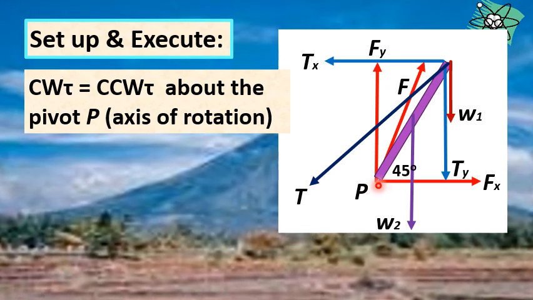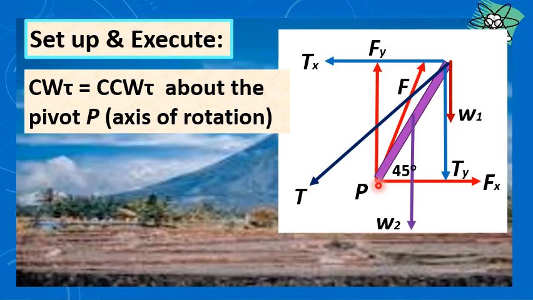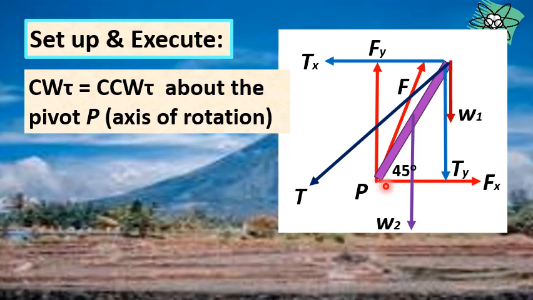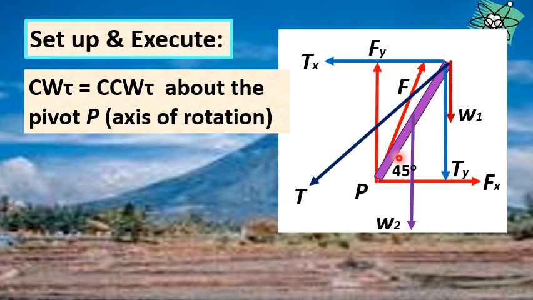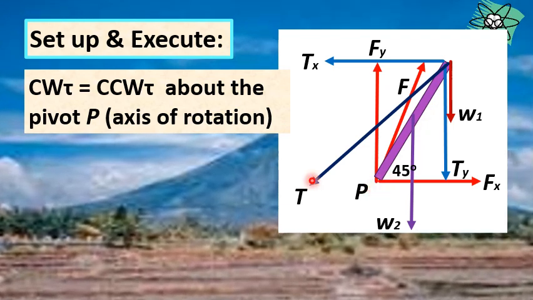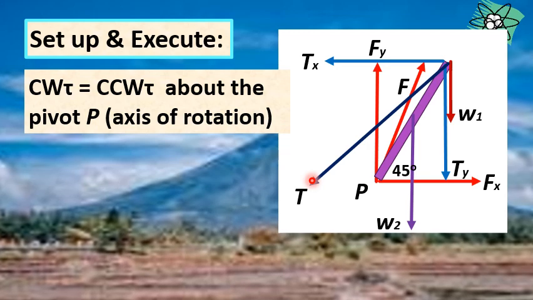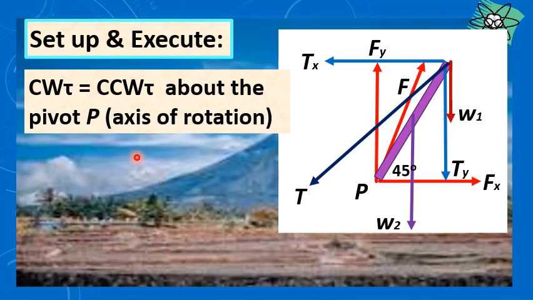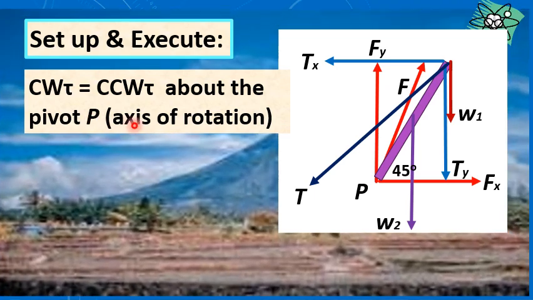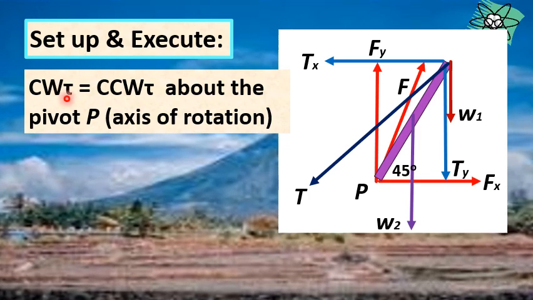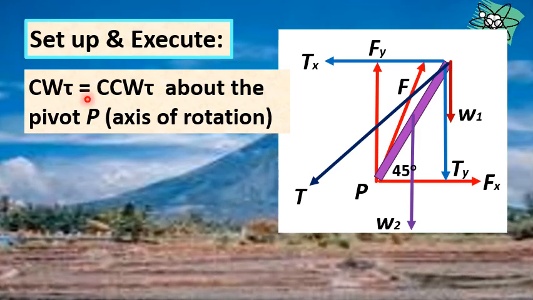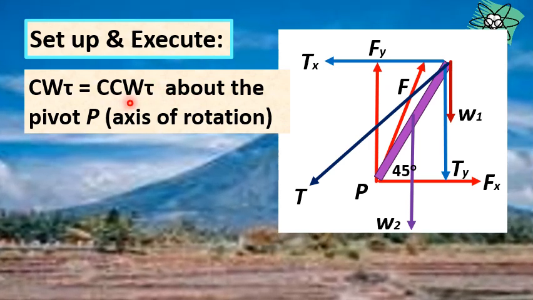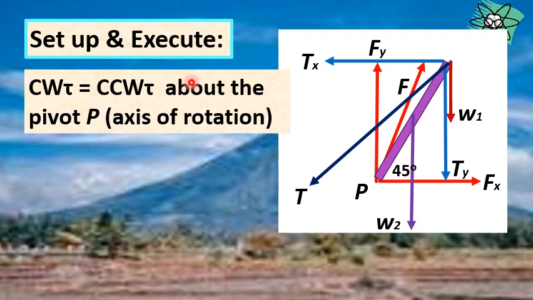We consider the pivot point P as the axis of rotation of the strut when all of these forces are acting on the strut at the same time. We say that about point P, the sum of the torques that can cause the strut to rotate clockwise must be equal to the sum of the torques that can cause the strut to rotate counterclockwise.